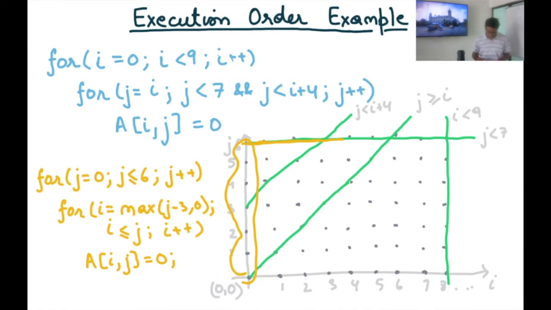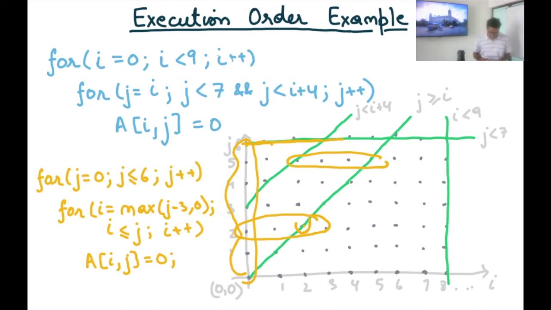And then for every value of J, I have a lower bound and an upper bound of I. So for example, at value 2 of J, I can range from 0 to 2. At value 5, I can range from 2 to 5 and so on.